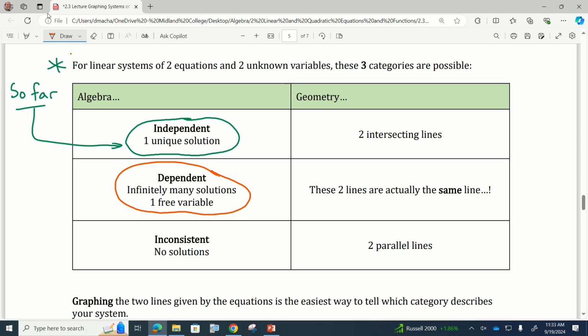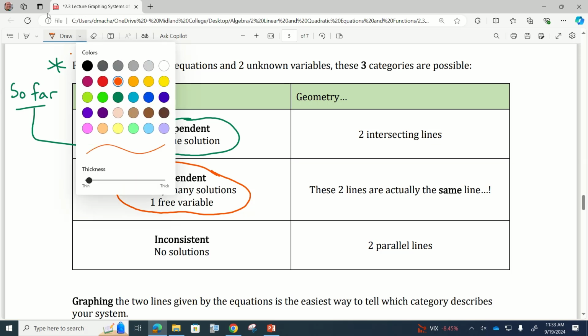But if you actually go to try to graph these, you'll find out that both equations are still describing the same line on your xy plane. And for that reason, there's actually infinitely many points that lay on both lines, and so you have infinitely many solutions to your system. We'll talk here in a minute about how you might identify this.